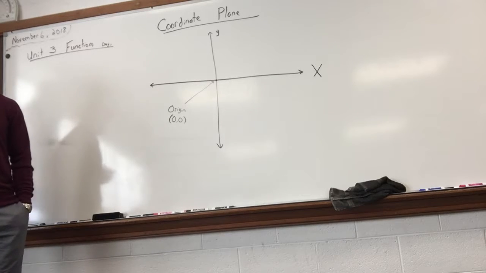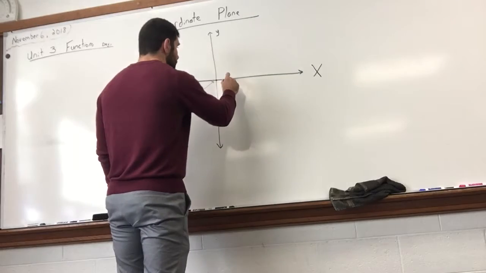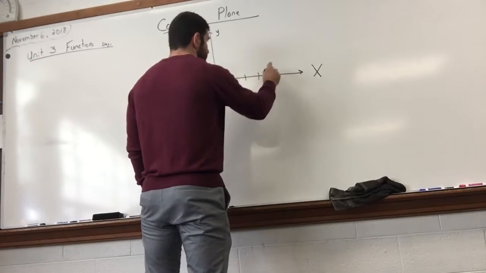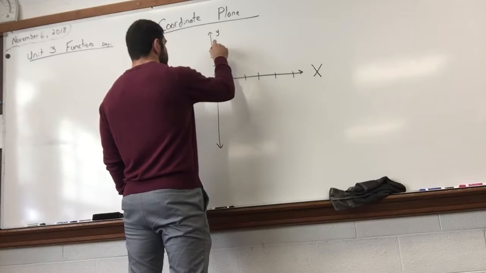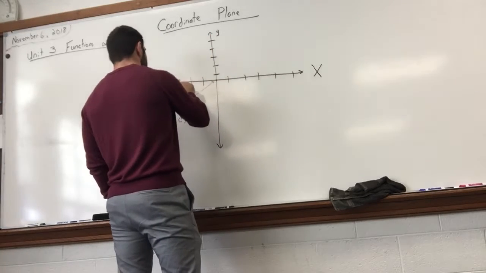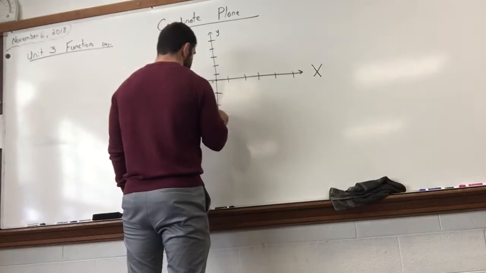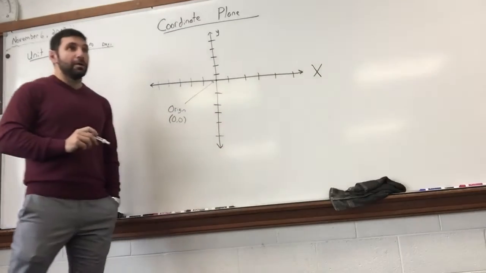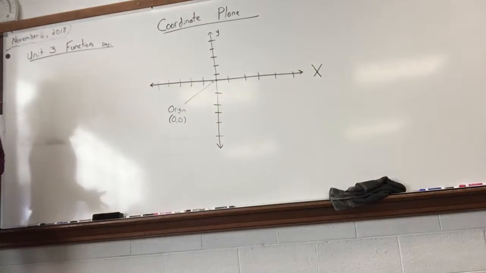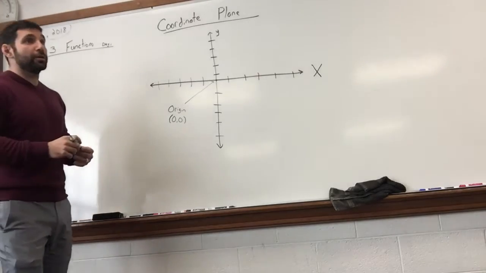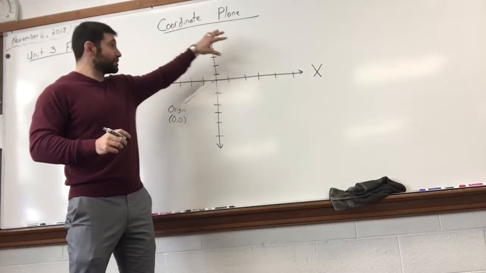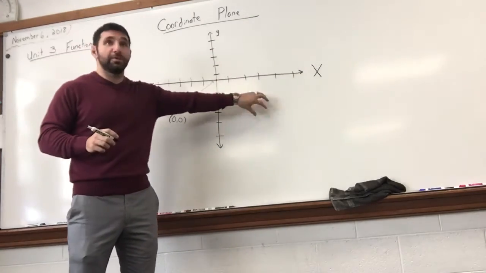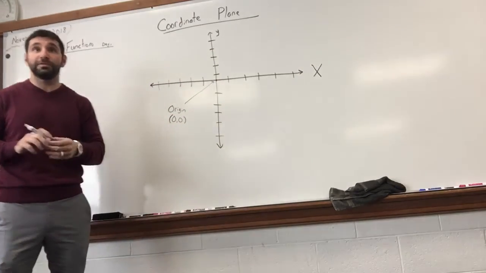Everybody with me? We will be graphing in all 4 quadrants. Quad meaning 4. Here's a quadrant, here's a quadrant, here's a quadrant, here's a quadrant. We'll be graphing in all 4 quadrants.